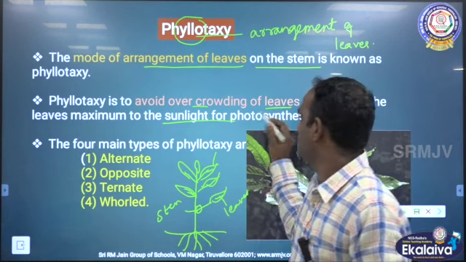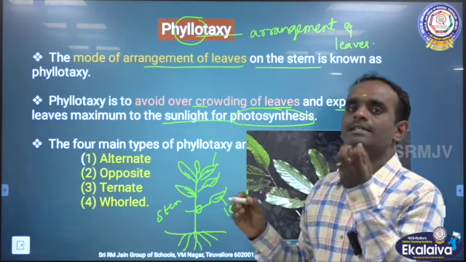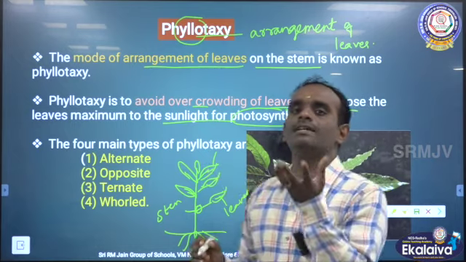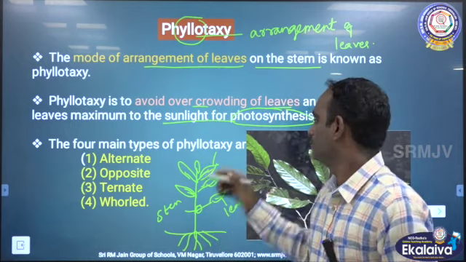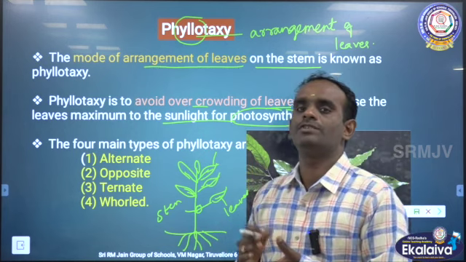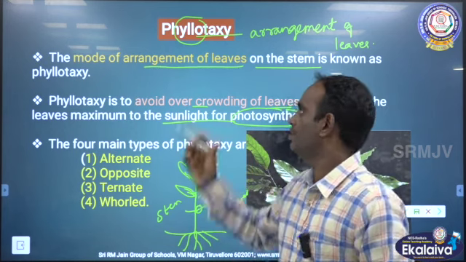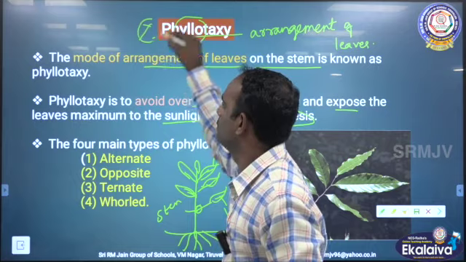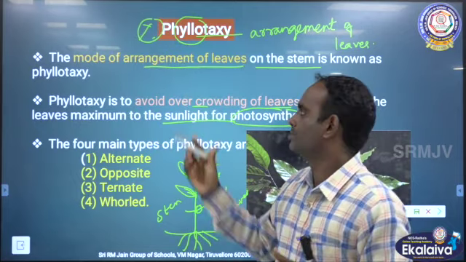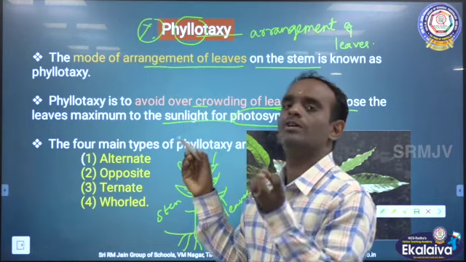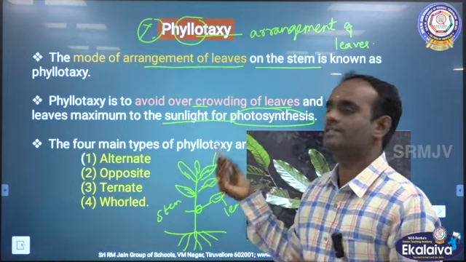For photosynthesis, sunlight is necessary. Leaves is the site of photosynthesis. If there is no proper exposure of the leaves, no photosynthesis takes place. So, Phyllotaxy is very important. Arrangement of leaves on a stem is very necessary. Phyllotaxy is nothing but mode of arrangement of leaves on a stem.